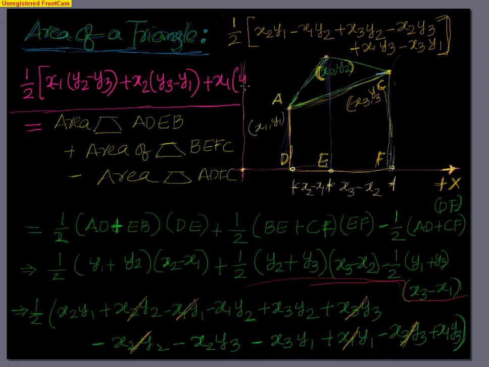This is very easy to remember. How I will tell you? 1 2 3, 2 3 1, 3 1 2. This should be 3 1 2. I did a mistake here.